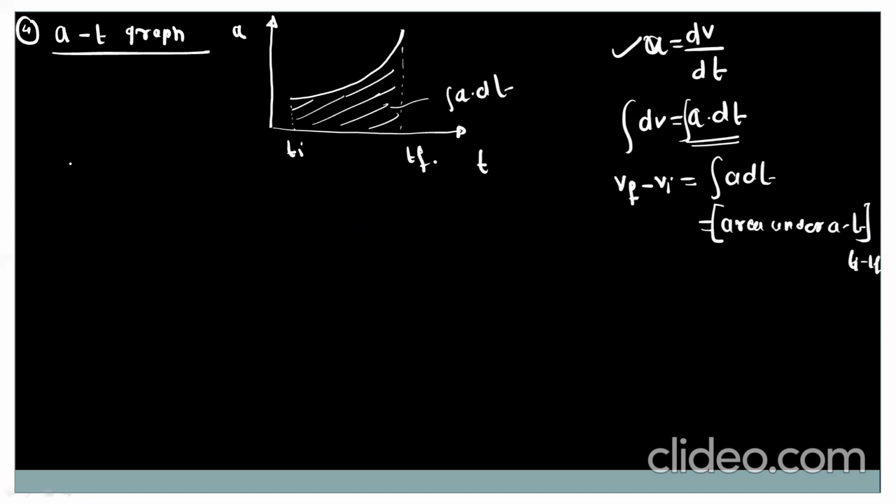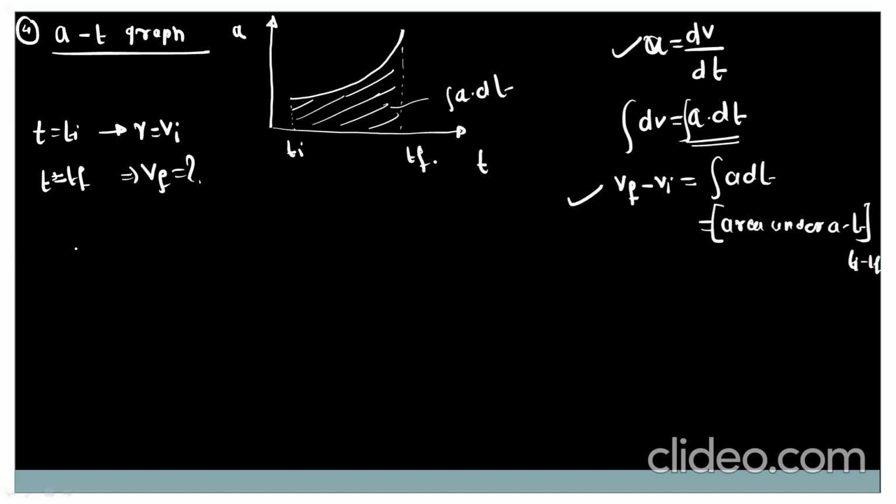So if you know the initial velocity, suppose at t is equal to ti we know the value of velocity, so v is equal to vi. And suppose we are interested in the final time where t is equal to tf, what is the corresponding velocity? We can find this velocity by using this equation.